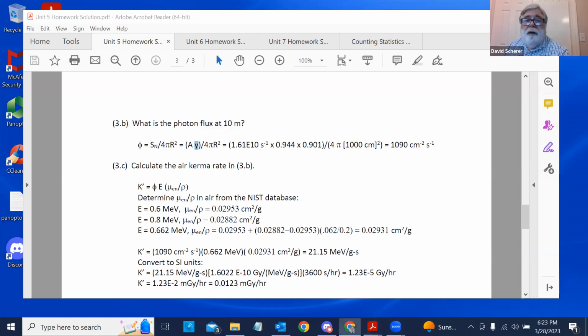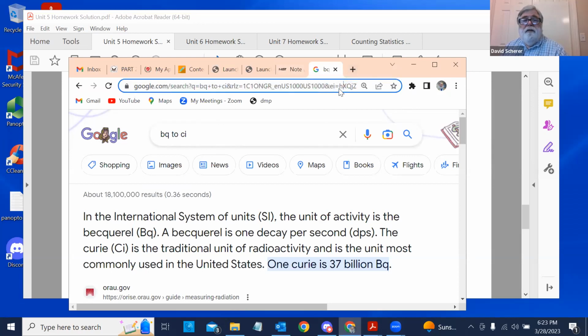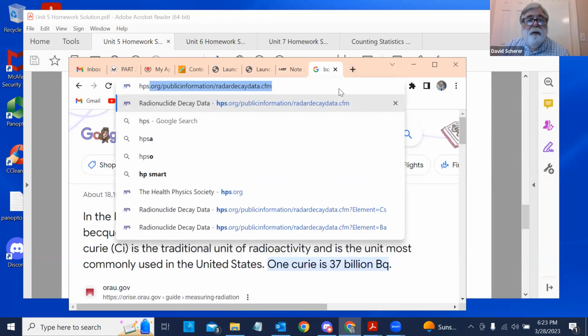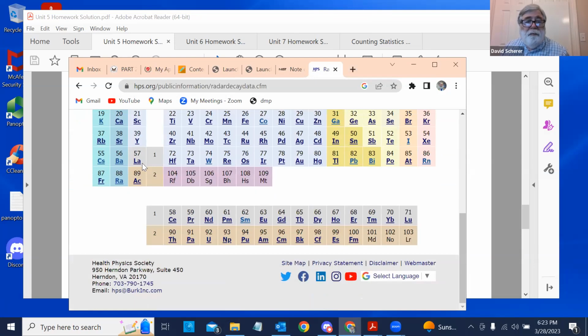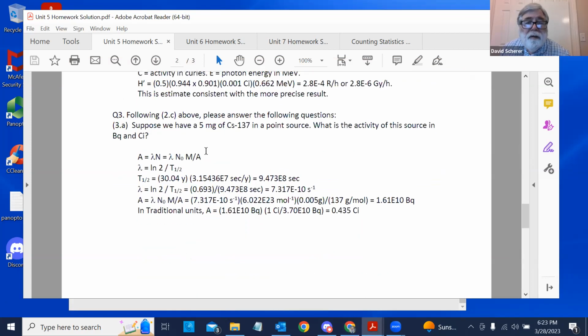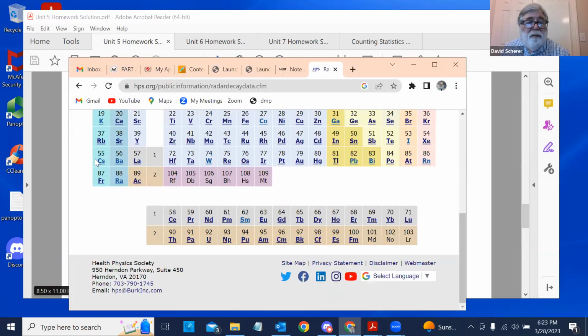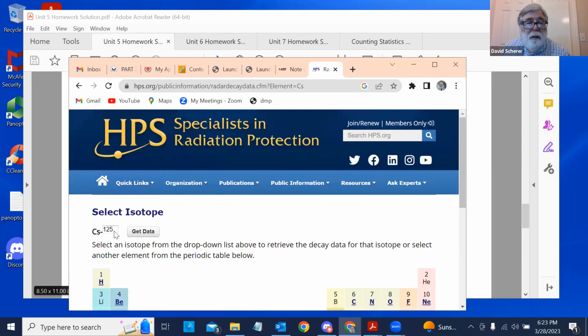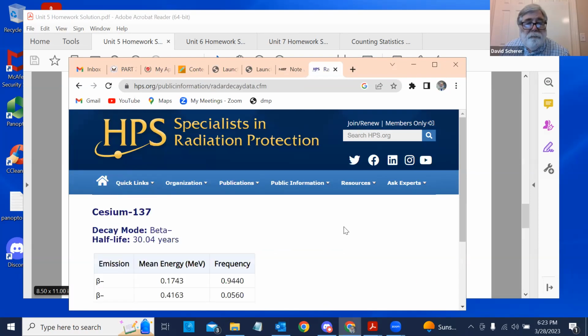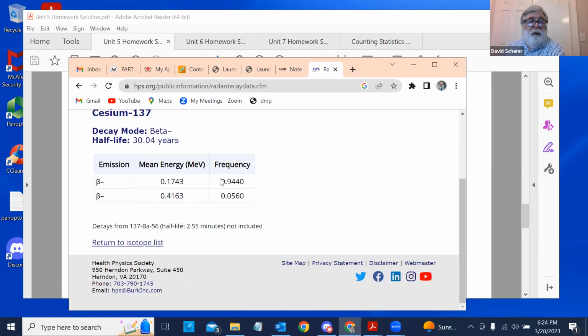So if we go to our HPS decay data, and we go to cesium-137. It decays by beta 94% of the time to this energy level. And then it says, that also decays from barium-137 metastable.